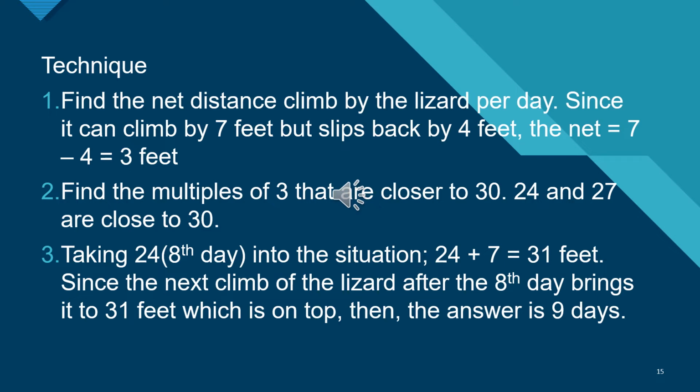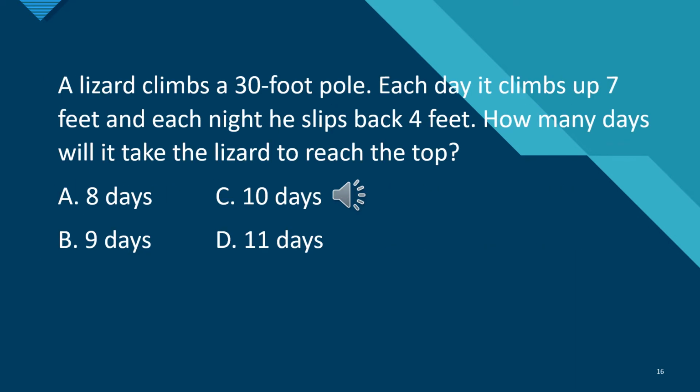So 24 plus 7 is 31 feet. In that case, the lizard is already beyond the top of the pole. So since this is the case, 9 days would be the answer to this particular question. Hence, the correct answer is letter B, 9 days.